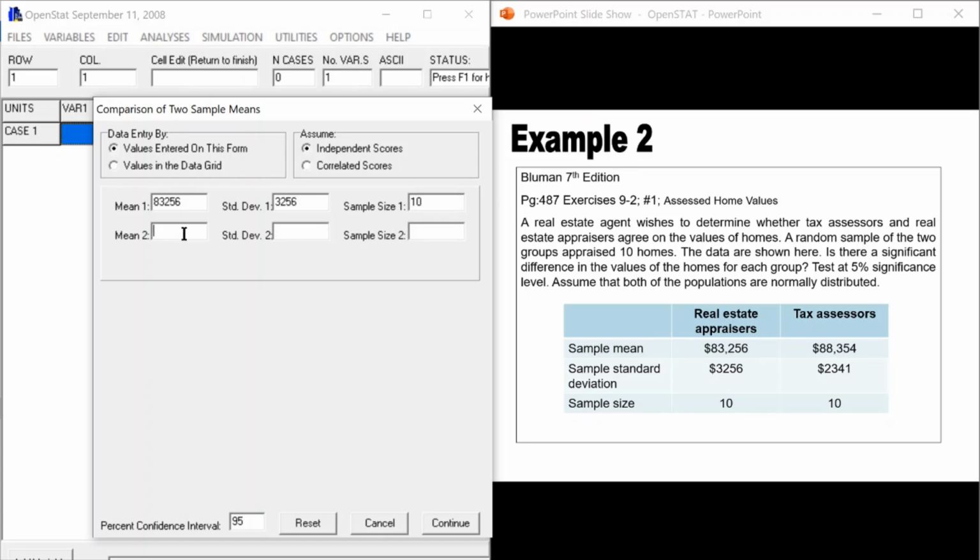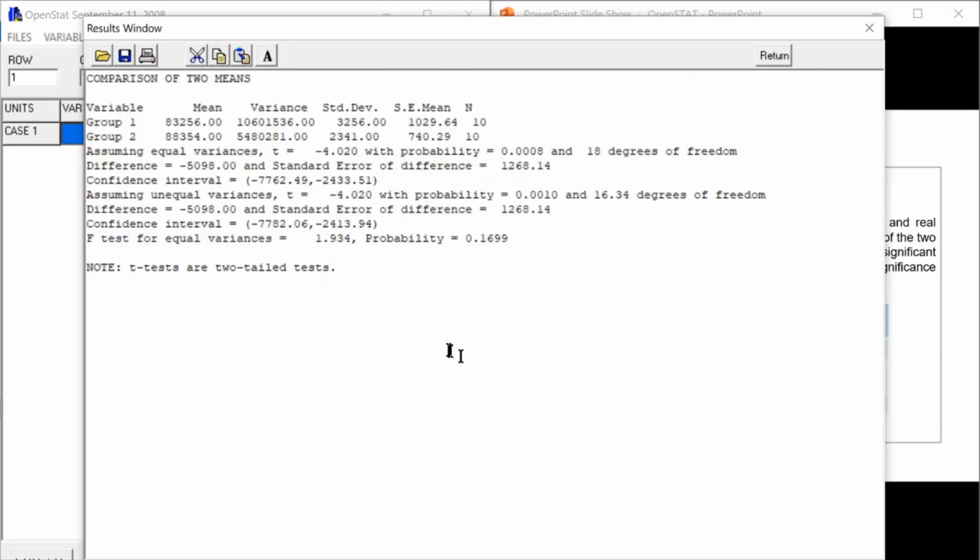Second sample mean 88,354, standard deviation 2,341, sample size is 10. Click on continue, you'll get the result.